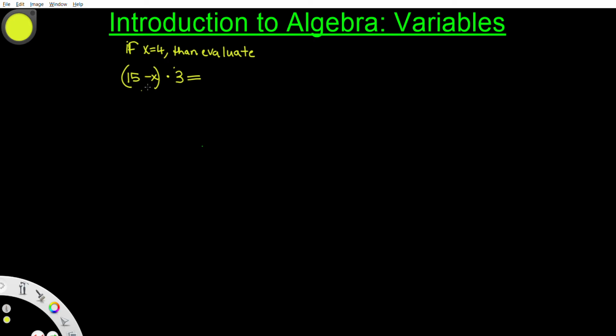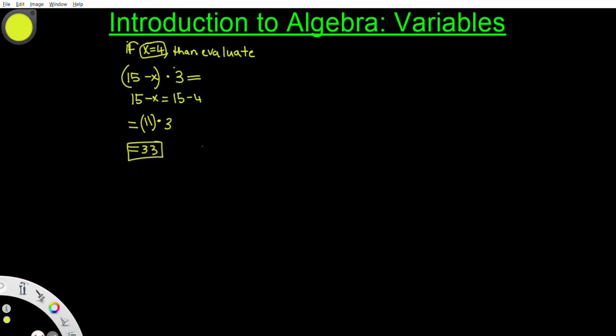So 15 minus x, and we know that x is 4, as it says over here. So 15 minus x equals 15 minus 4, which equals 11. Then we have our 11 multiplied by 3, which we know is 33. And that's the answer.